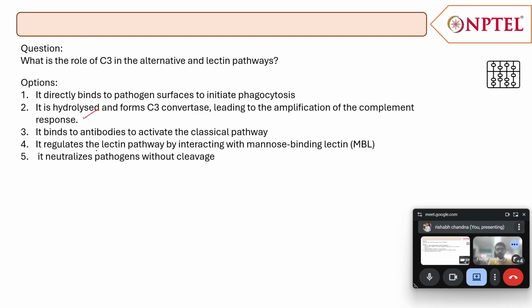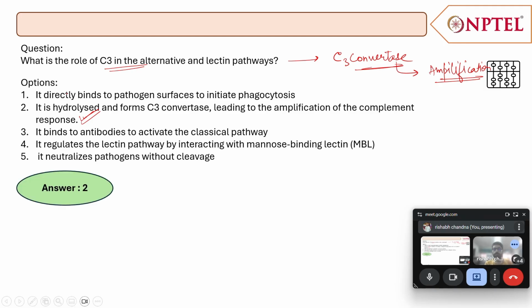Okay. So the C3 in the alternate and the lectin pathway helps in the formation of C3 convertase. Okay, so this C3 convertase will now lead to the amplification of the complement pathway. So the correct answer is option number 2. So any doubts in this particular question?